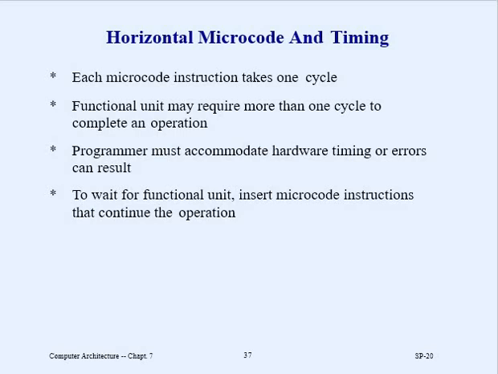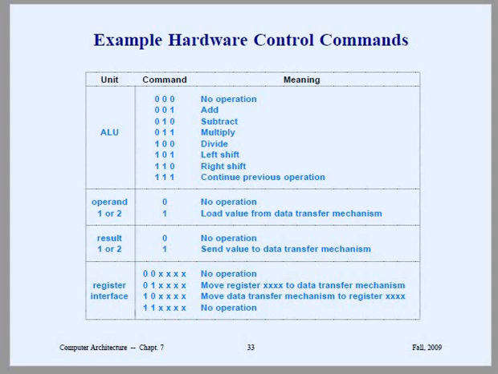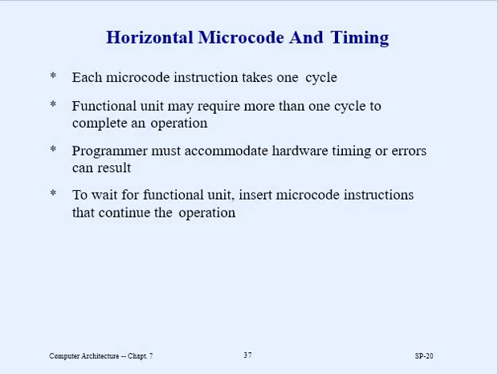Okay, so for this last point, let me show you that. Look, this is the last instruction in the ALU, 111. It is saying continue previous operation. This is the same thing which is written over here.